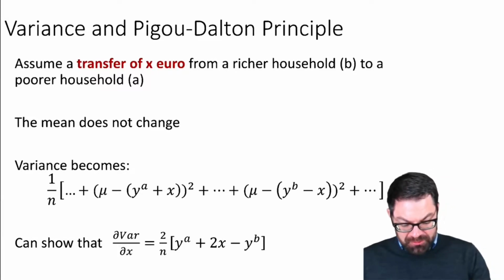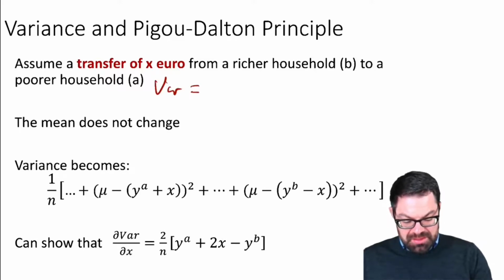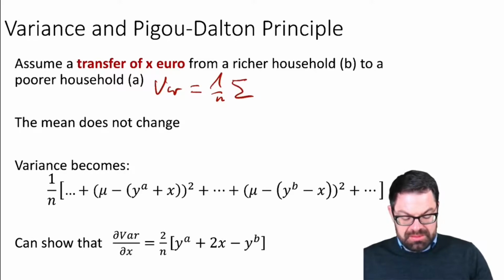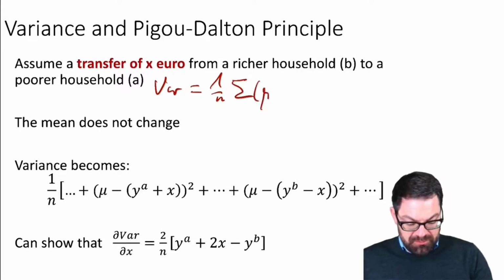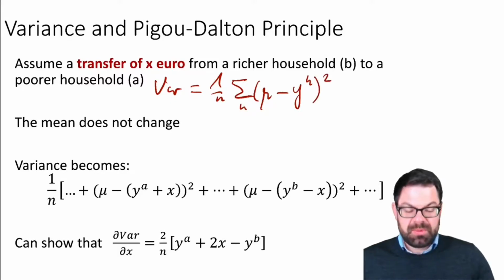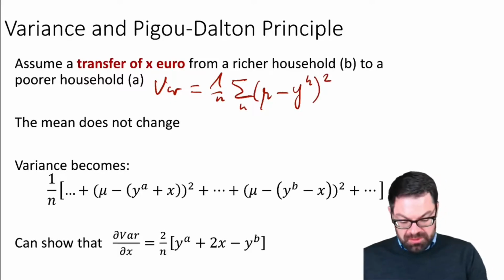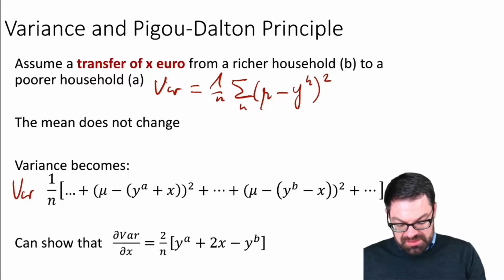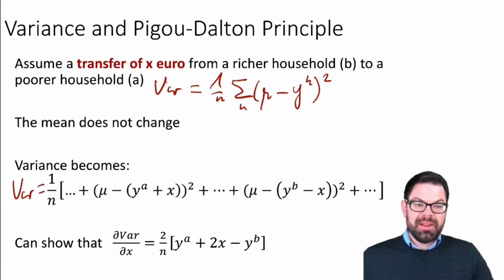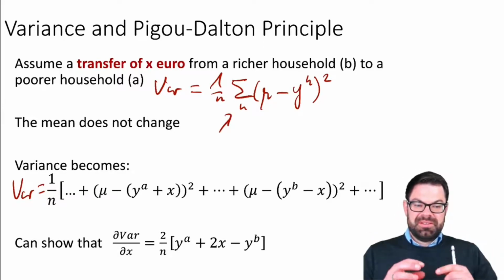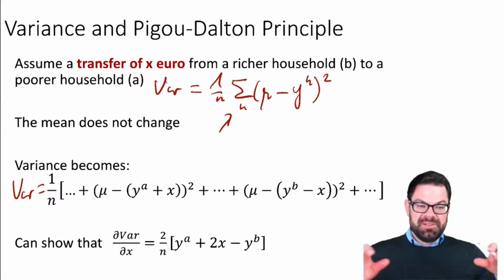Remember, the formula for the variance is 1 over n times the sum of the mean minus the income of a particular household, squared. Okay? Here we've just taken this apart. So instead of having the summation that you can see up here, we now have single terms that we sum up.